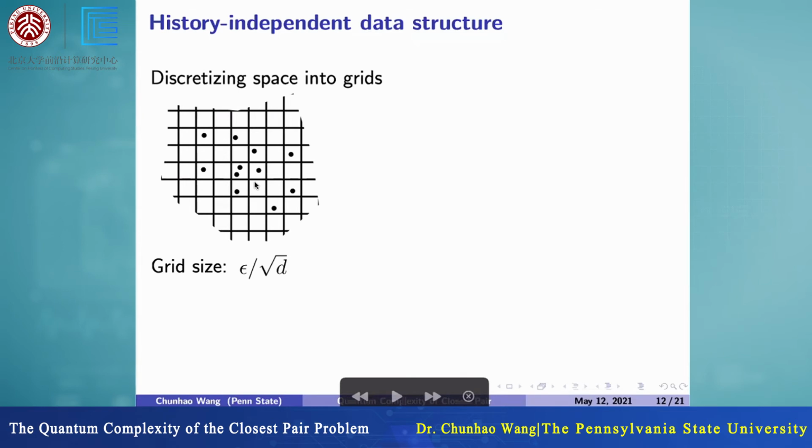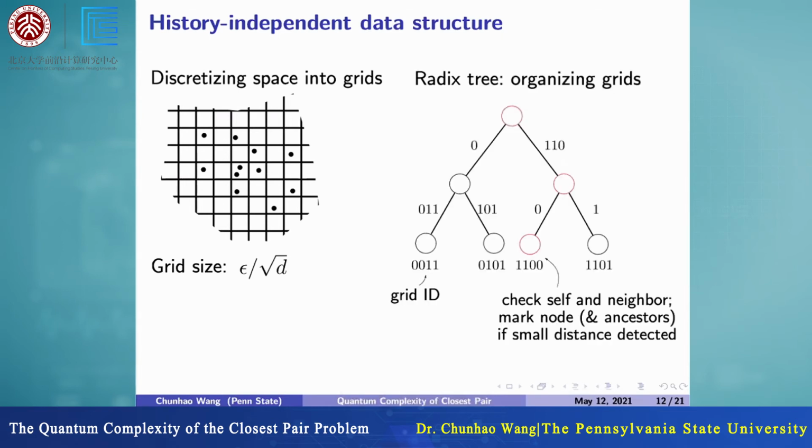So how do we organize the non-empty grids? We use a radix tree. A radix tree is a binary tree where the edges are labeled by binary strings, such that if you follow the path from the root to a leaf and concatenate the labels on the edges, you get the key of the leaf.